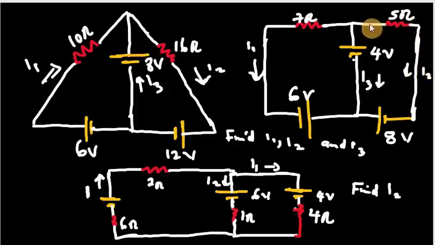This is a 5 ohm and this is a 7 ohm resistor. In problem number 3, we're expected to find just I2, that is the current flowing through this resistor, 1 ohm.